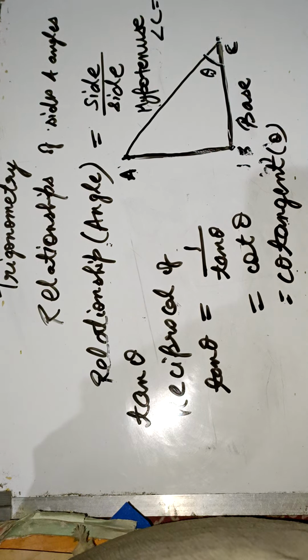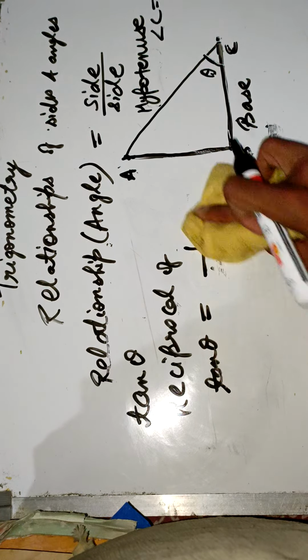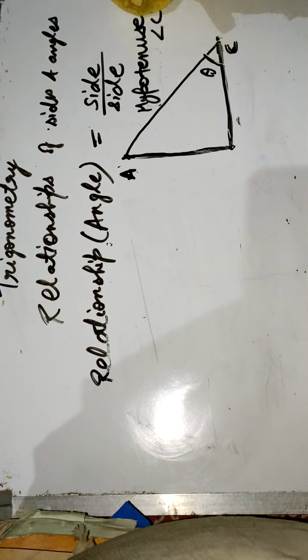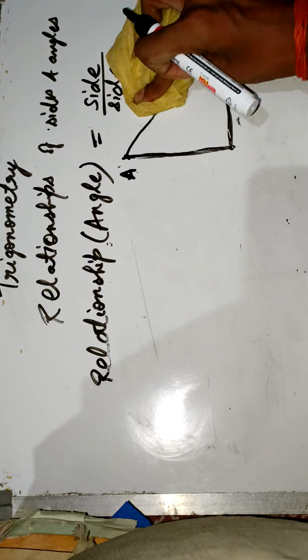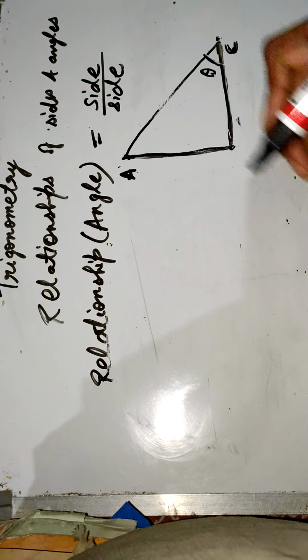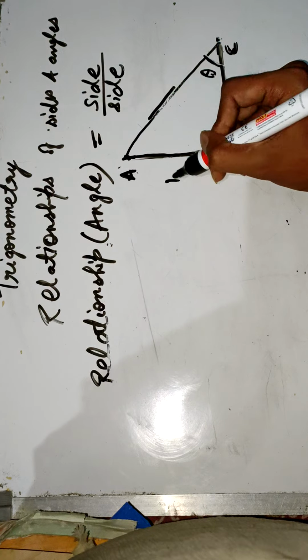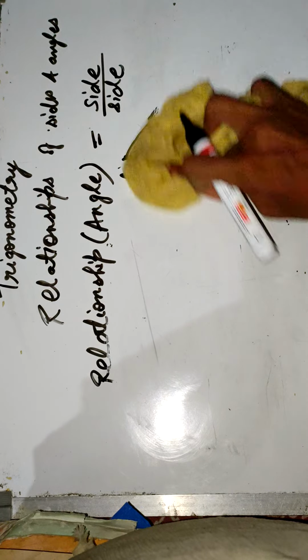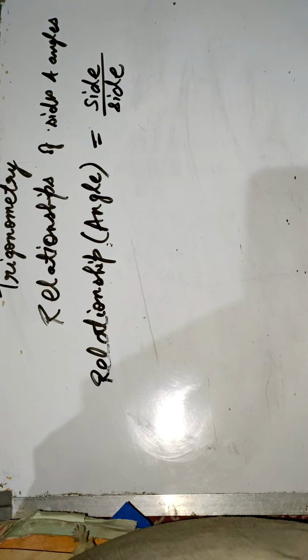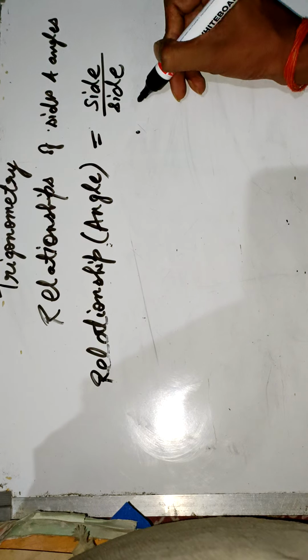Now we are going to discuss the basic 6 functions that we have in this particular lecture. Let me draw it once again. Let us say a triangle is there.